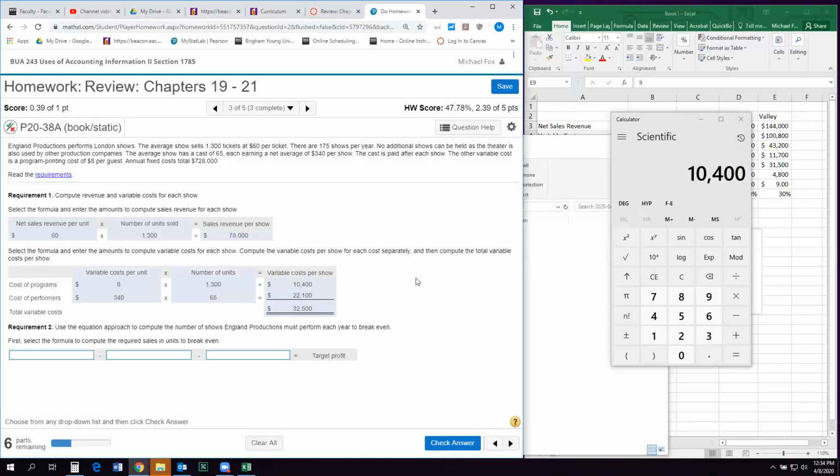All right, requirement 2, use the equation approach to compute the number of shows England Productions must perform each year to break even. So again, this is going to be our net sales minus our variable costs minus our fixed costs will be our target profit.